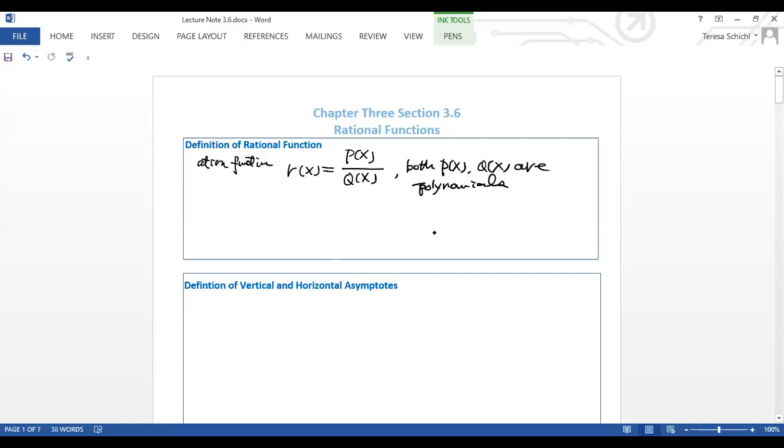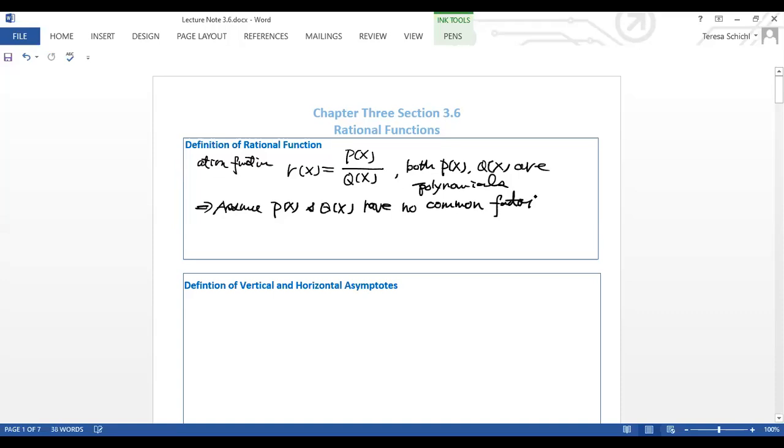And here we assume that P(x) and Q(x) have no common factor.